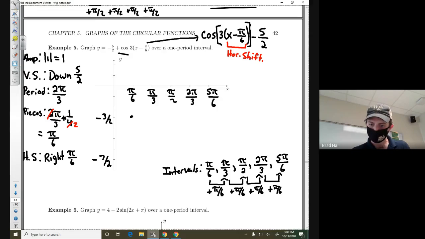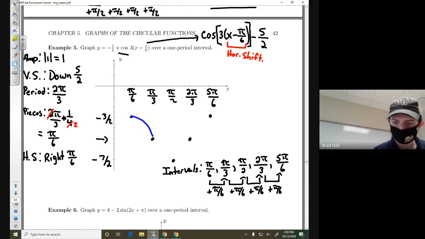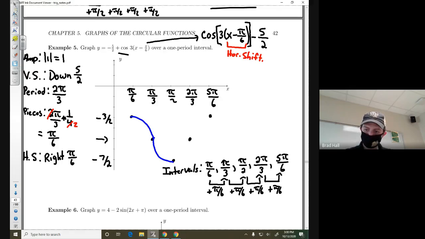The middle is going to be this value right here, which is -5/2. That is our final shape.